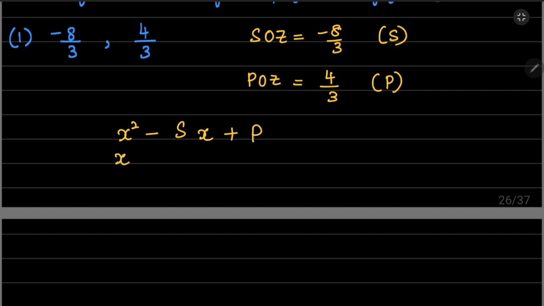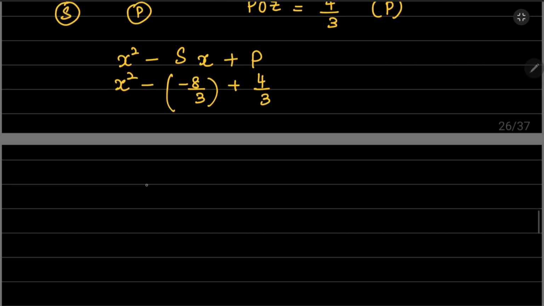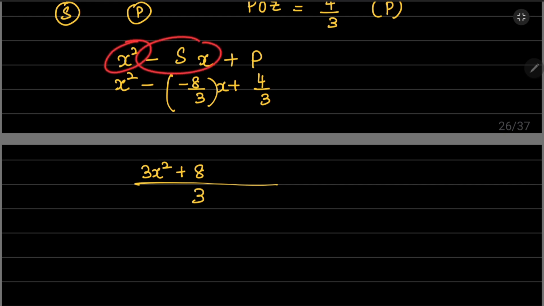Okay, so just substitute: x square minus sum, which is minus 8 by 3, into x, plus the product of zeros, which is 4 by 3. So the formula is x square minus sx plus p.